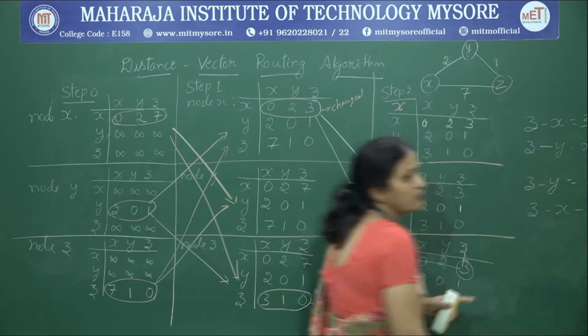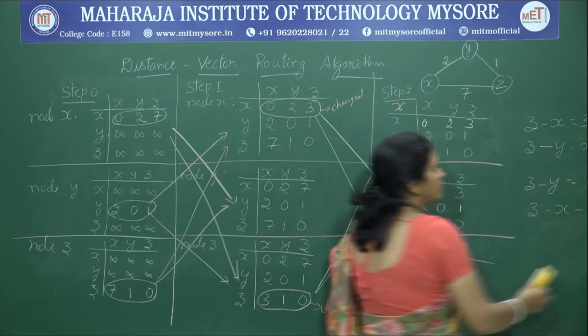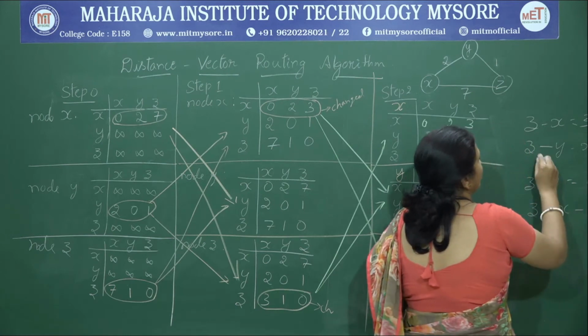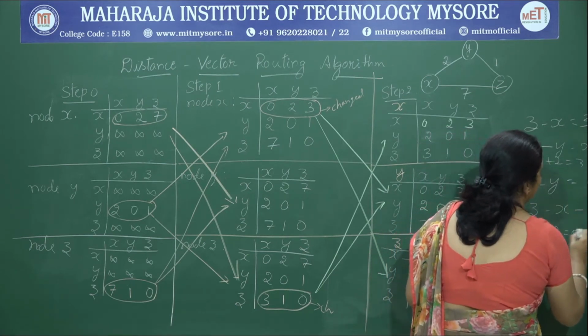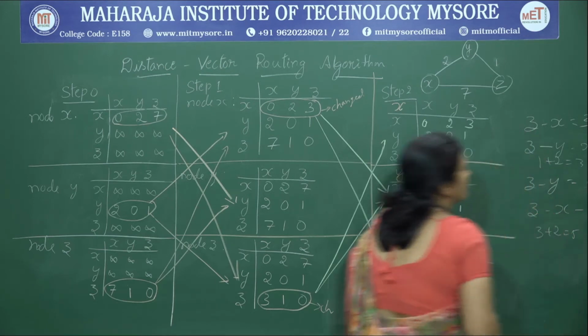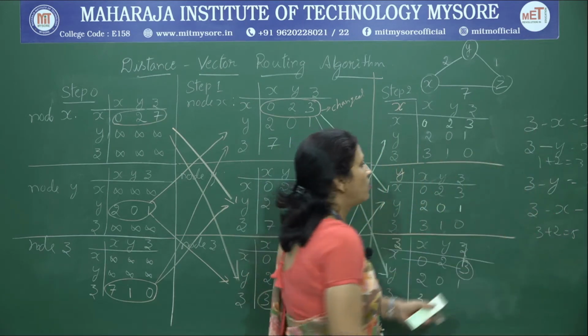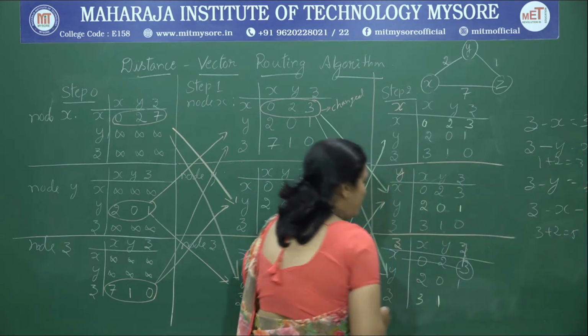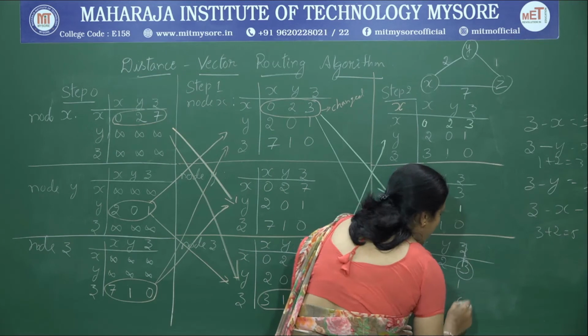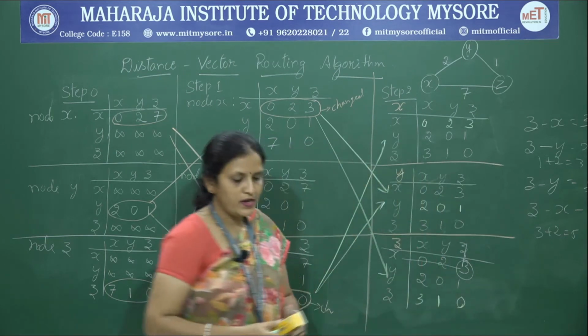So, it is 5. Okay. So, minimum is 1. So, we have 1 here. From z to z it will be 0, right.